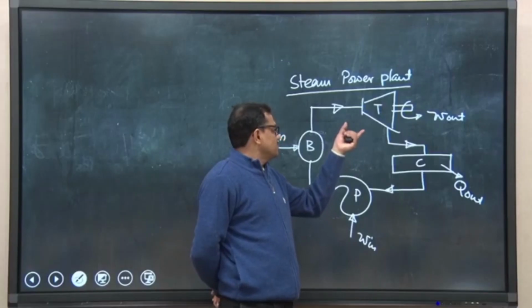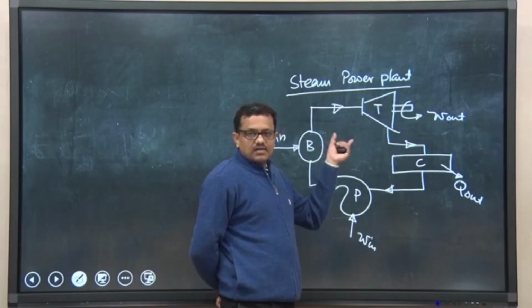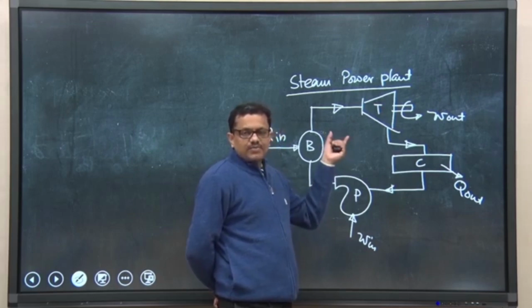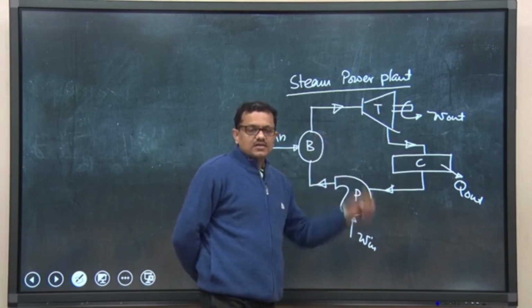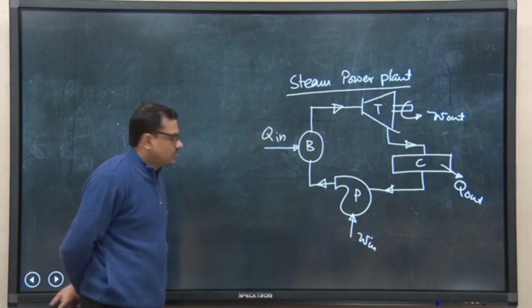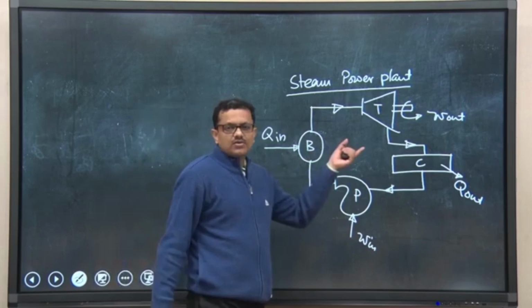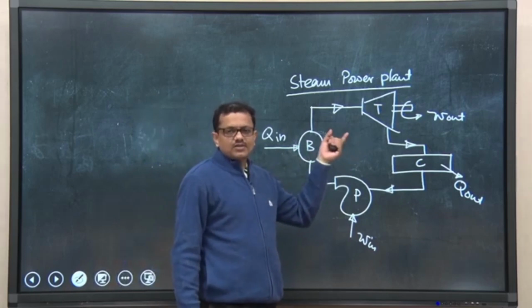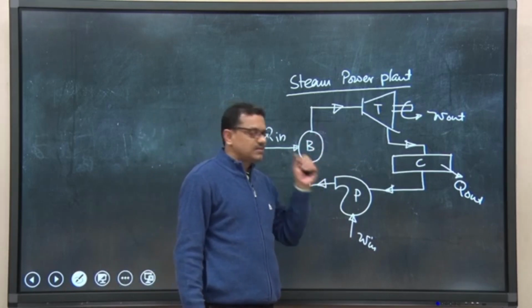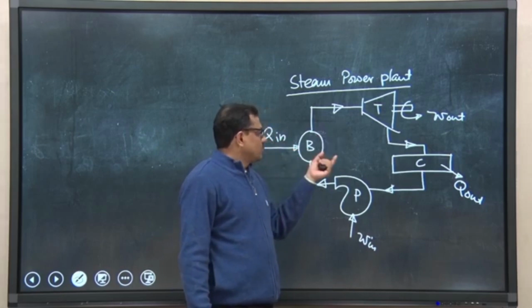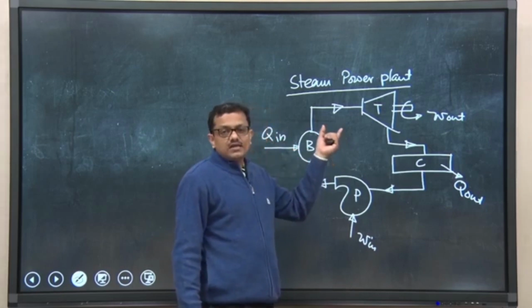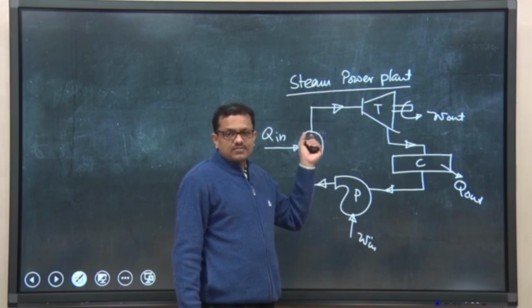What we can see, we started our discussion with the steam power cycle. Though we have briefly discussed about the basic thermodynamics which are important to understand the processes, rather all the processes which are there in the steam power cycle. We have also discussed about the steam power cycles.